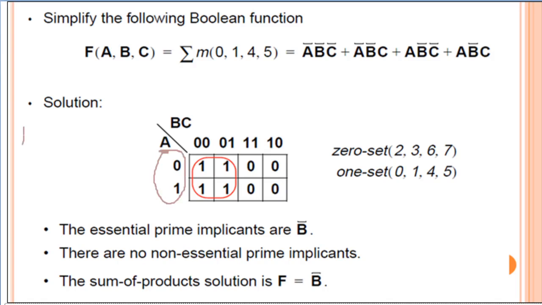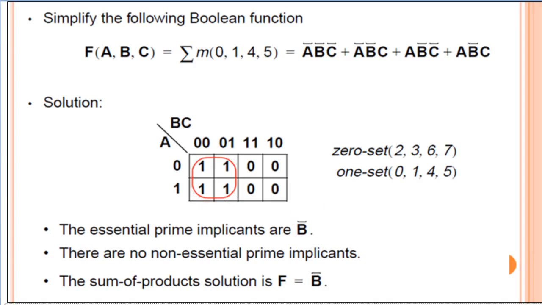From this you will get 1, and from this row you will get b bar. That means b bar into 1 become b bar. That means the identity of this group will be b bar.